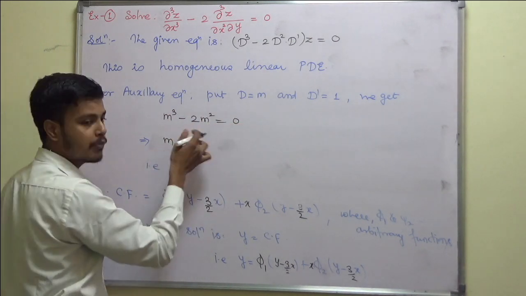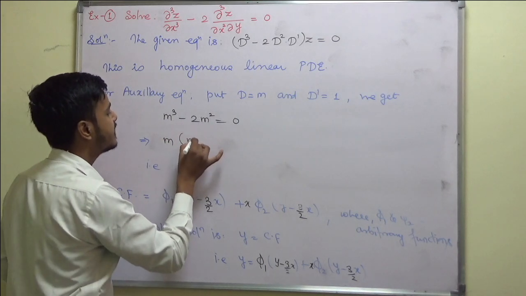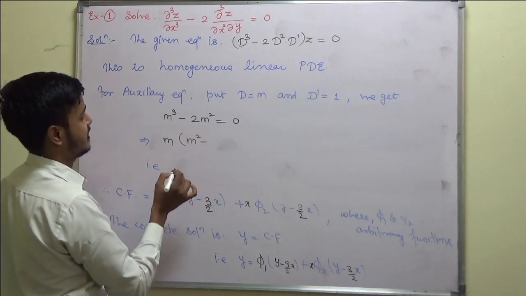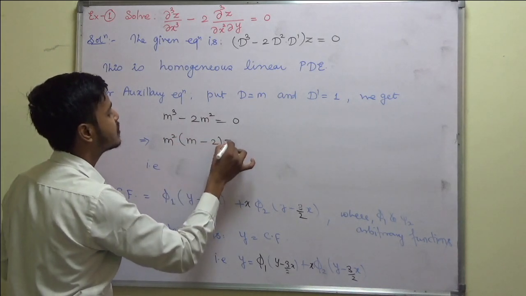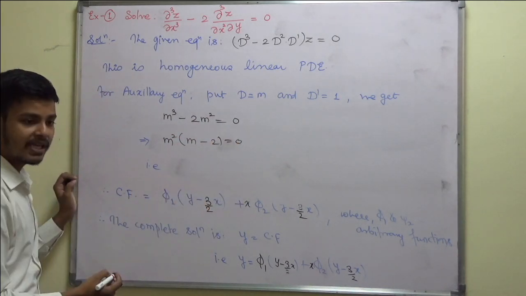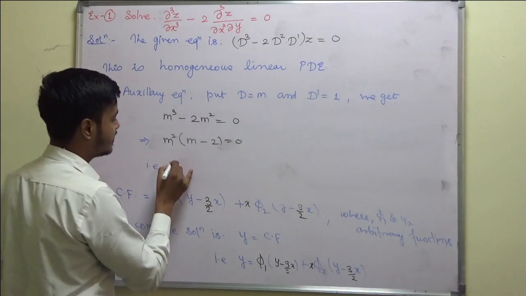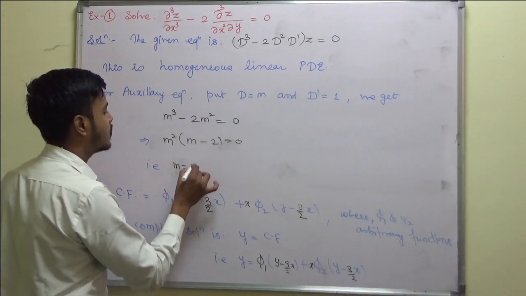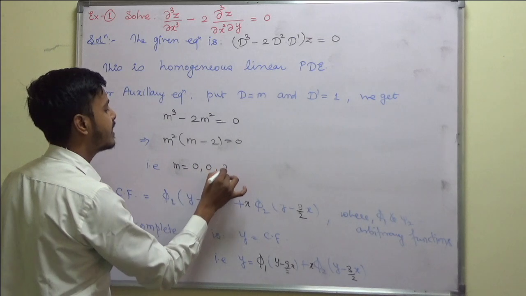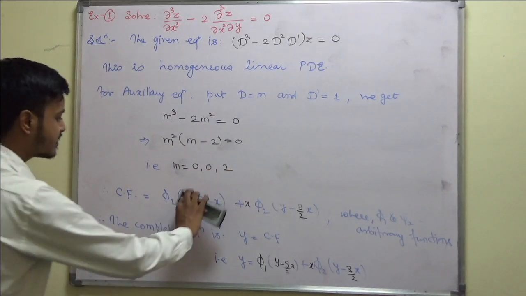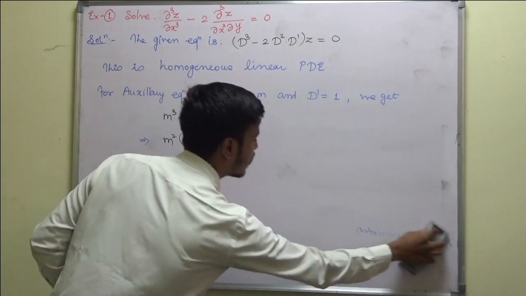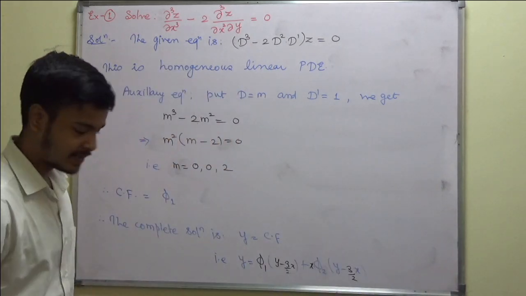Now you can take m square common from here, and we get m square into (m minus 2) equal to 0. So what I am getting now is m is equal to 0, 0 and 2. Once I get the roots like this, I can write down the complementary function.